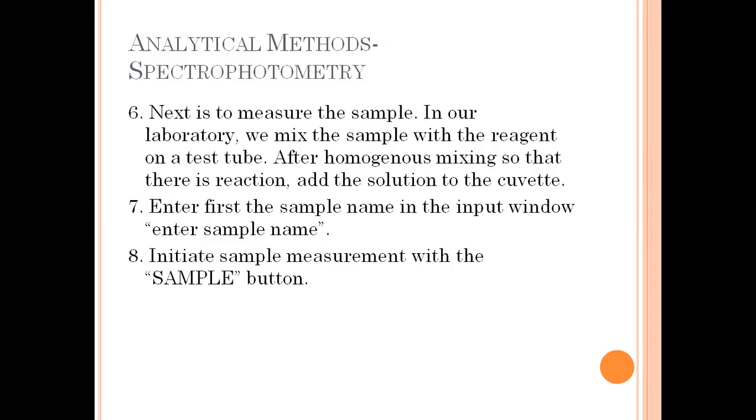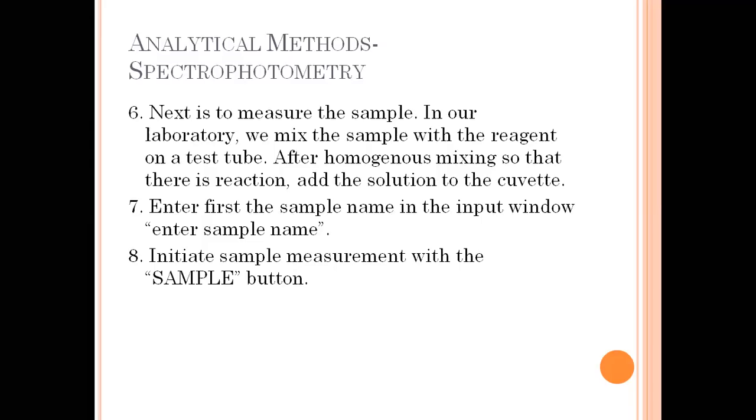After homogeneous mixing in the test tube, so that there is a reaction, add the solution to the cuvette. Because the main purpose of the cuvette is to hold the solution that should be measured, or the solution wherein the concentration is to be measured.